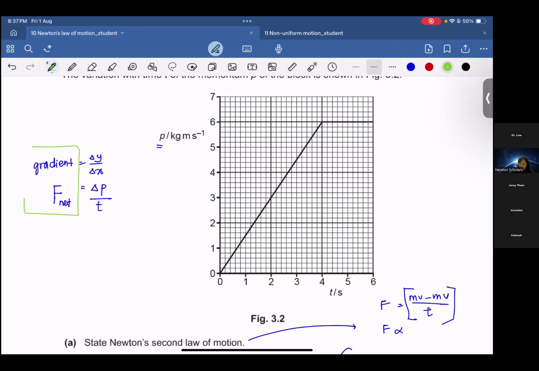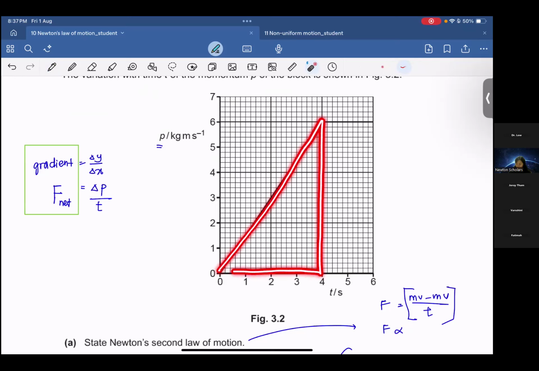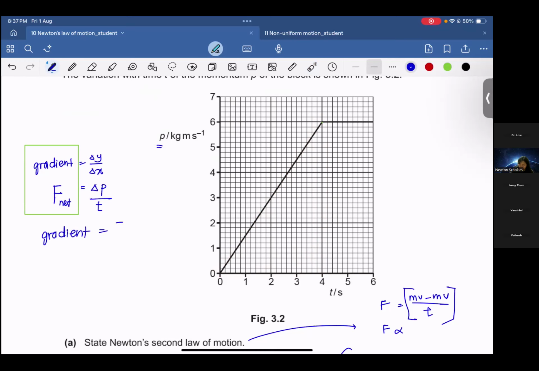So boys and girls, can you calculate the gradient? And what is your answer for your resultant force? 1.5 Newton. Thank you, Fawal. Yes, correct. So boys and girls, this is a constant gradient, so we can find it by using this triangle. The gradient is equal to the net force.